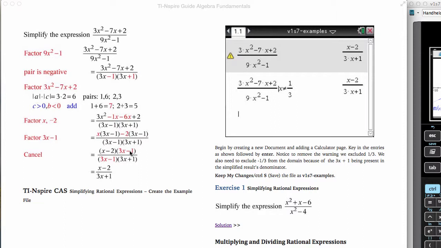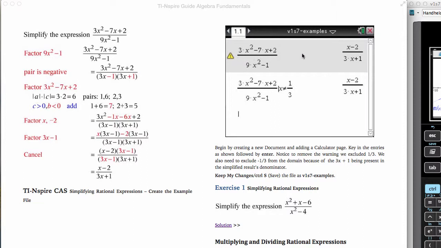Then it's put over the bottom, and the top and bottom both have 3x minus 1, so this reduces to x minus 2 over 3x plus 1. We said earlier we're not always going to put the restriction on when we write the answer out, but when we start using our calculator, we're going to have to handle the restriction, because our calculator will give us a warning.